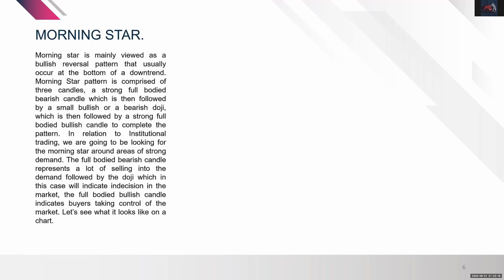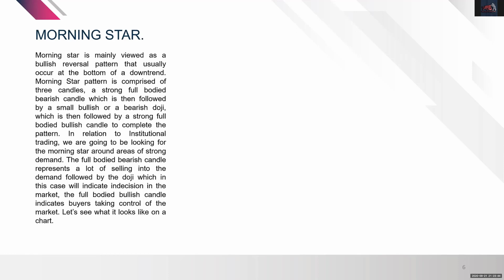So that means it happens normally at a demand zone, at a support zone, or when the market is oversold. That's when you see a bullish reversal pattern. And in this case, we are talking of the Morning Star. It usually forms at the bottom of a downtrend.